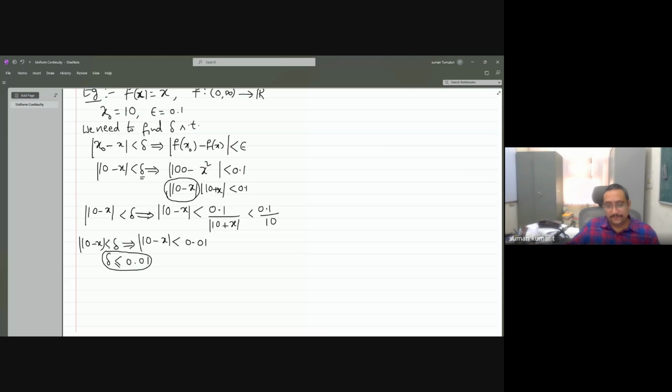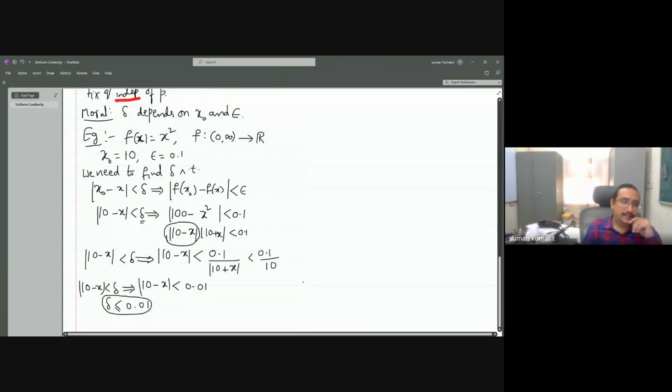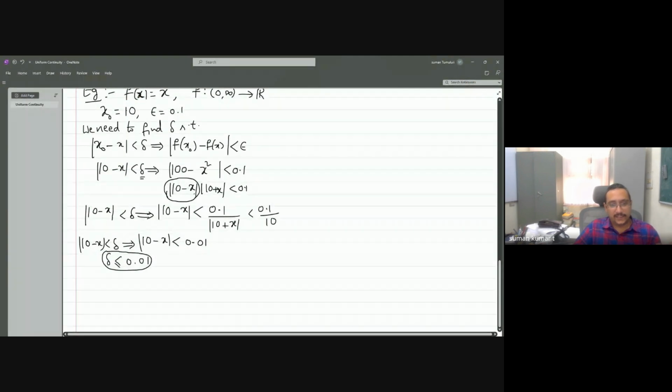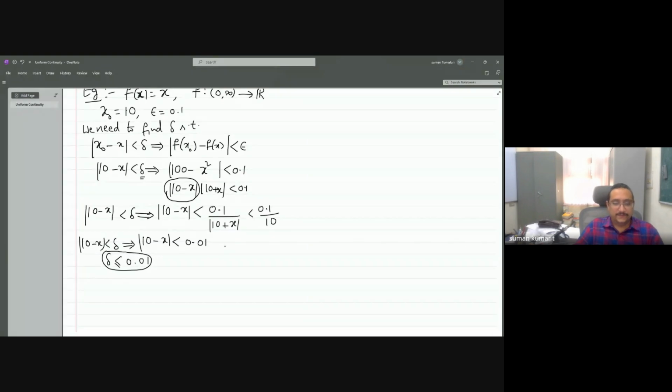This is a possibility. Suppose instead of 10, you take 100, then what would have happened? Just replace 10 with 100, that's it. This will be 100 square. Again, I write 100 minus x into 100 plus x. Do exactly the same thing.